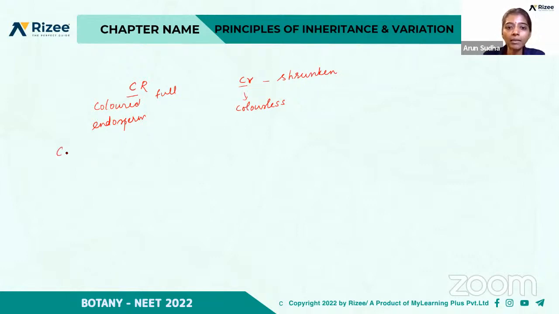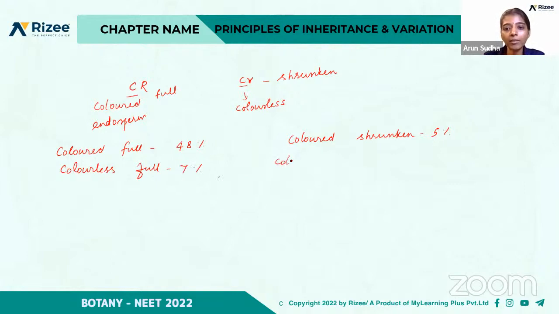Colored full is 48%, colored shrunken is 5%, colorless full shows 7%, and colorless shrunken shows 40%.